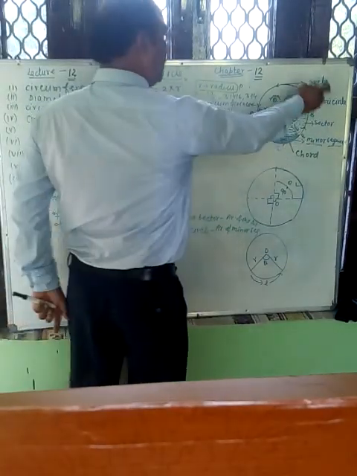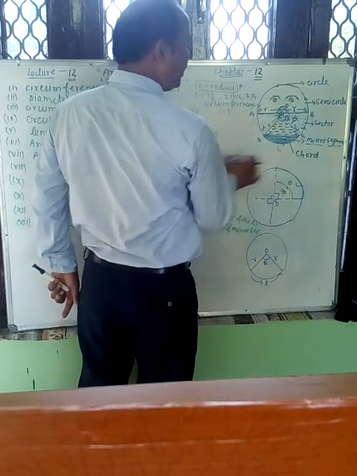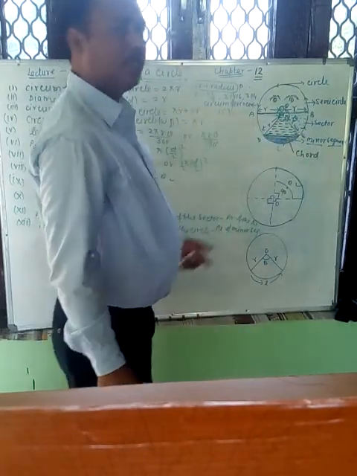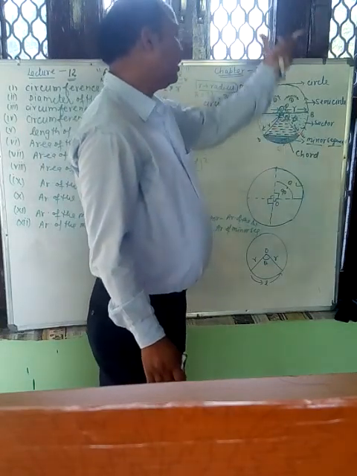Either area of the full circle minus area of this minor segment. This is called the area of the major segment.